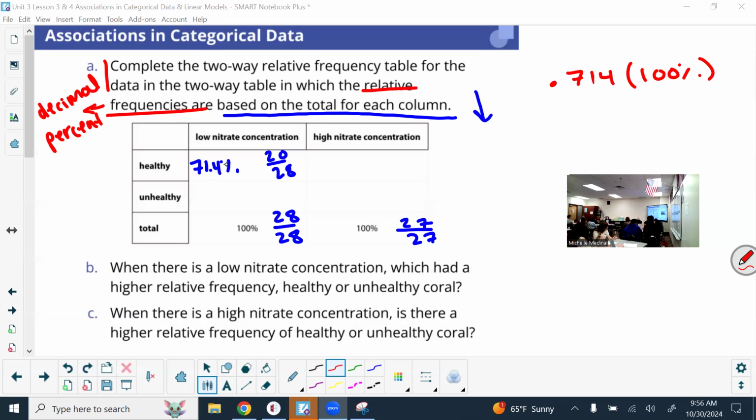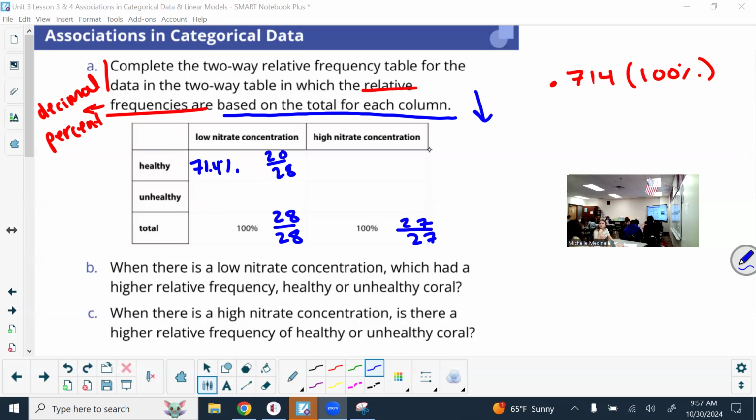Table 8. Give me the relative frequency for the unhealthy low nitrate concentration. All right, and it didn't say what to round to, so we're just going to keep it consistent. It looks like table 7 rounded to 1 decimal, so we're going to do that for this one.